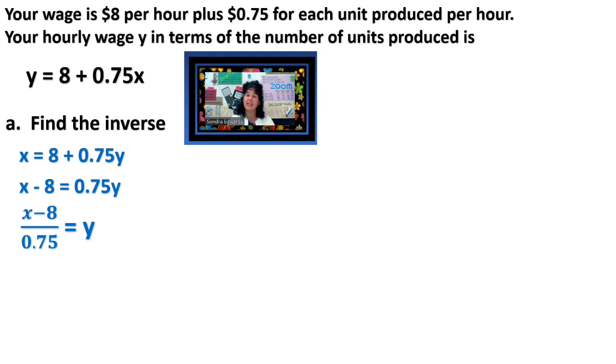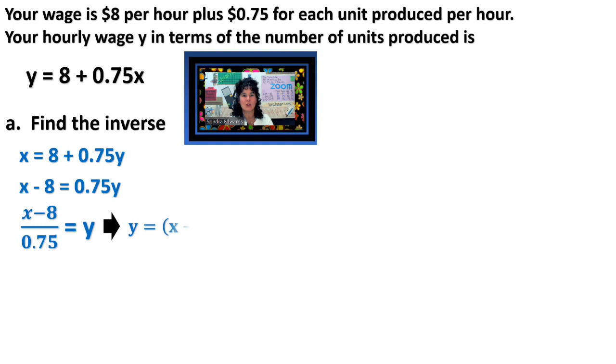This is technically our inverse equation, but it isn't really simplified, considering we don't usually leave decimals in a fraction. So let's say I want to go above and beyond here and just get rid of that decimal in the denominator. You could do that a few ways. One way that I think would be pretty quick would be to multiply the numerator and denominator by 100, but then you might need to simplify.